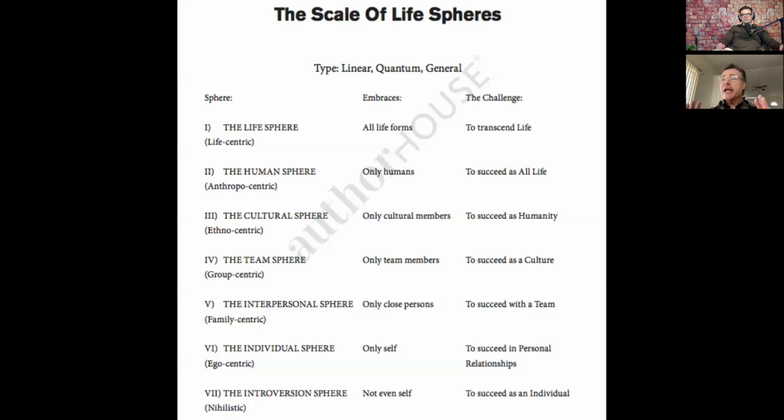Now, this is a general scale, meaning once you find a person, whether it's yourself or another, on this scale, you're done with that. That's where the person is. The person is at that level. This is not context driven.